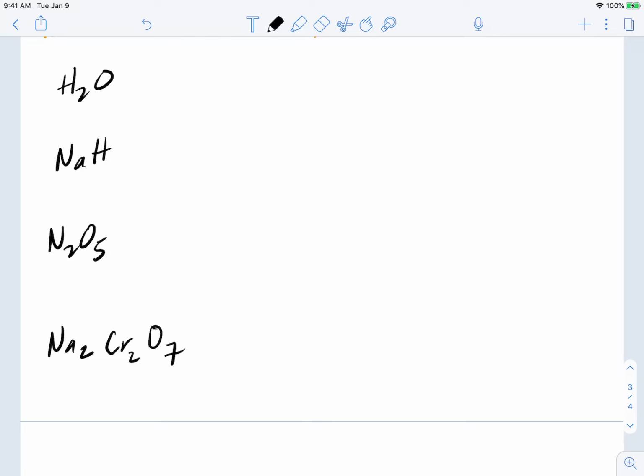So what I want you to do is pause the video and take a couple seconds, write these down, and then assign oxidation numbers like we learned yesterday, and see if you can assign, using the rules, priority given to elements that have fixed oxidation numbers, and then figuring out the ones that have flexible oxidation numbers. So pause the video, and when you have them all, or you get really stuck, then hit play.